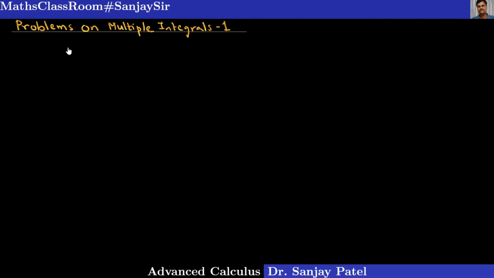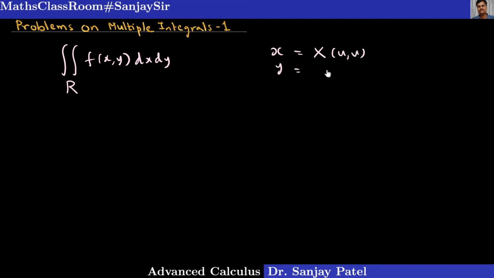For example, if you have a double integral over a region R, where R is some region in the Cartesian plane with variables x and y, then we can take some substitution of x and y in terms of some other variables, say x as a function of u and v and y also as a function of u and v.